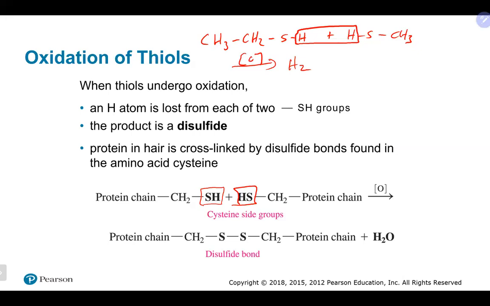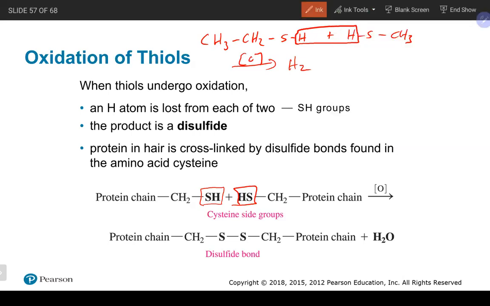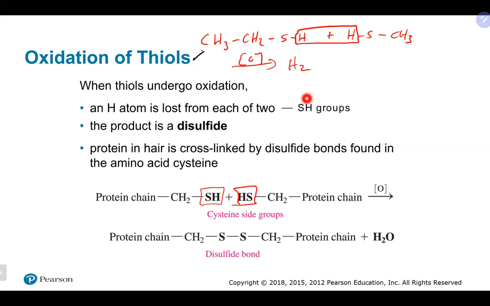Now, at this point, all you need to do is start writing here and end here, take out what's in the box, and put all that together: CH3, CH2, S, S, and a CH3. And there's our disulfide bond that formed.